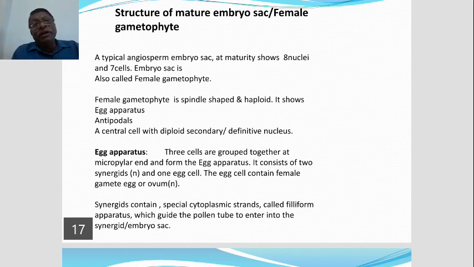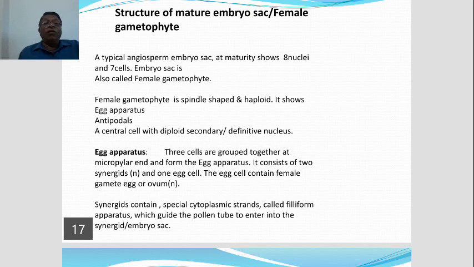A very important NEET or CET point: it is also called female gametophyte. The embryo sac is also called female gametophyte.